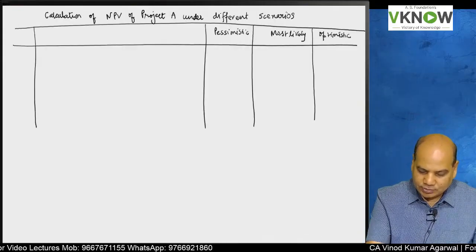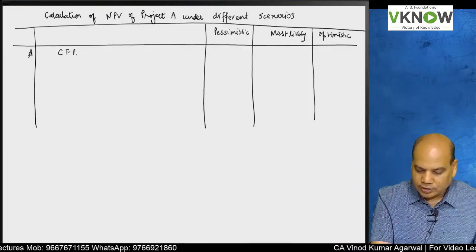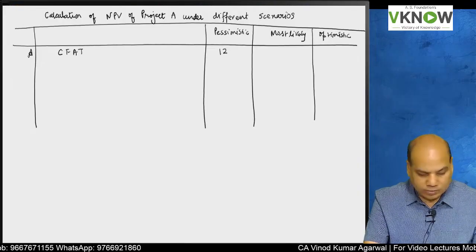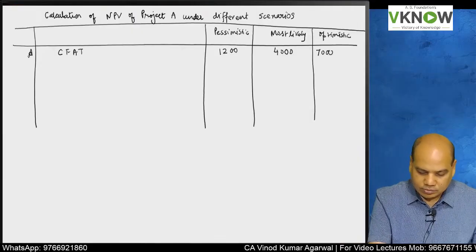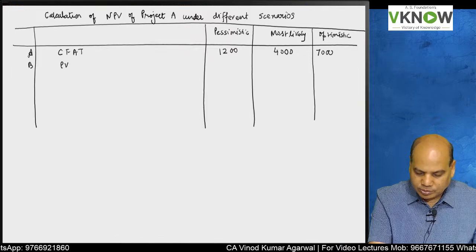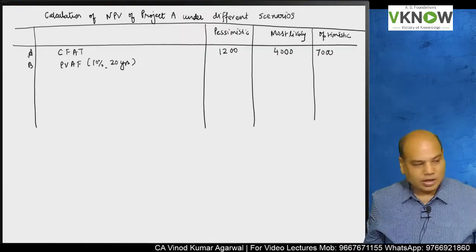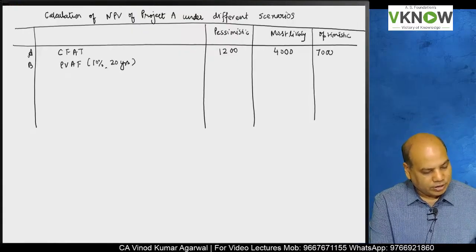So first you write down point A, CFAT. CFAT will be 1200, 4000, 7000. Point B, PV annuity factor 10%, 20 years. So please take your calculator and give me the answer.